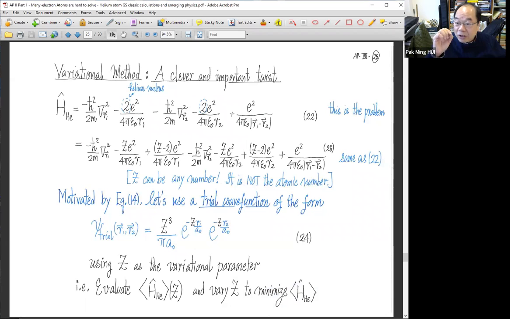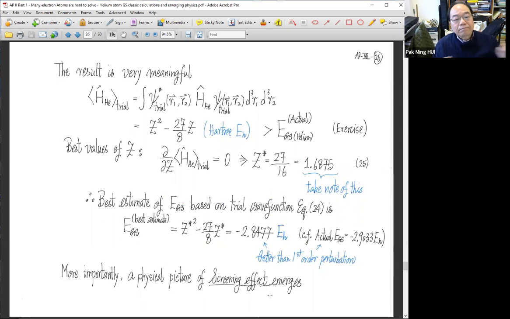Let's look at the result. So the calculation goes as follows. You take the whole Hamiltonian in the middle, use the trial wave function on the two sides, integrate over 6 variables. I should put 2 integrals here to make sure that you understand there are 6 things to do.